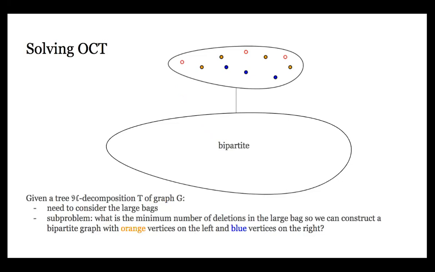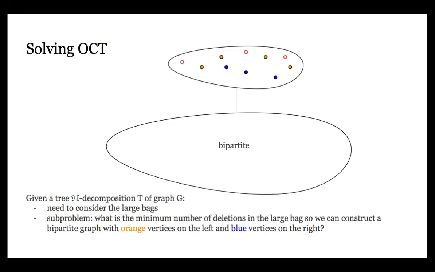So we need to solve the following subproblem. We are given a state in the parent node, which specifies which vertices here are going to be deleted, which are on the left side, and which are on the right side in the final bipartite graph. And we want to delete the minimal number of vertices here within this bipartite subgraph in order to put the vertices marked orange on the left and blue on the right.